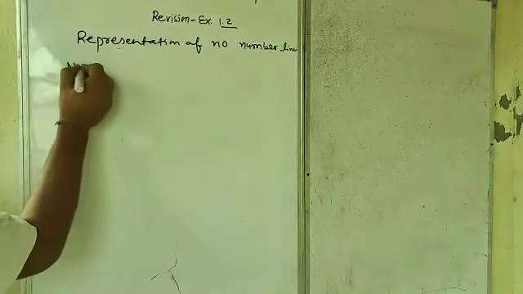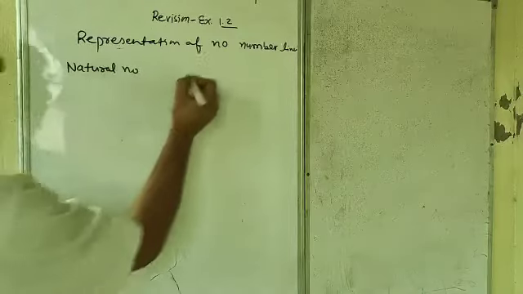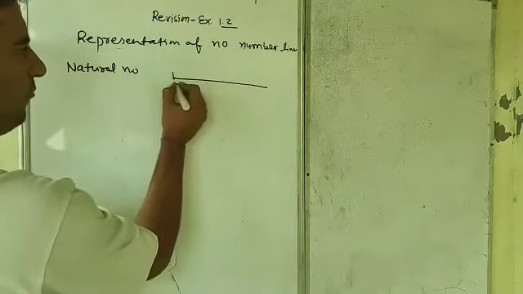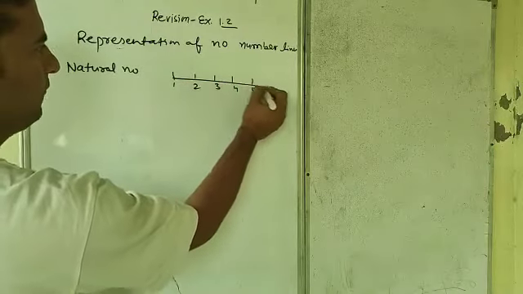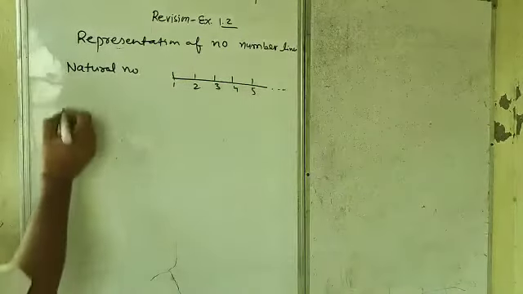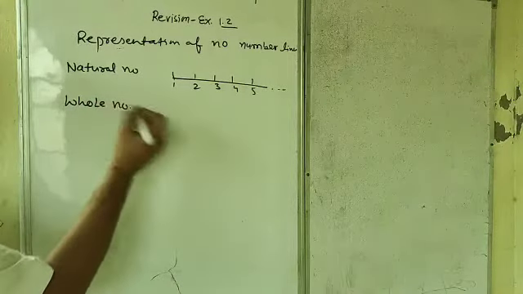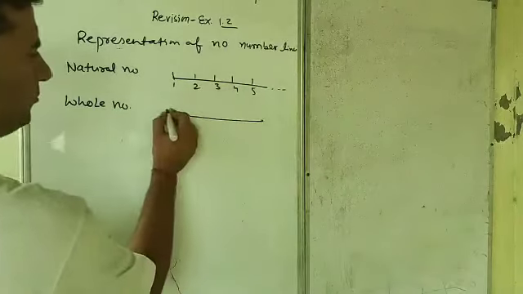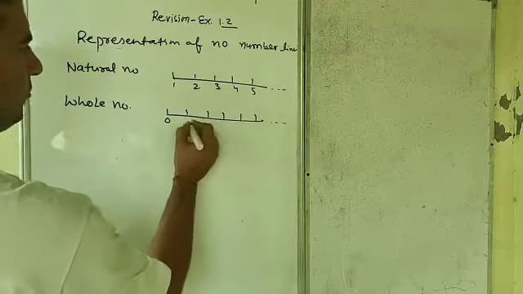If it is a natural number, then we have to represent these numbers starting from 1, 2, 3, 4, 5 and so on. If it is a whole number, then the number will start from 0, 1, 2, 3, 4, 5 and so on.